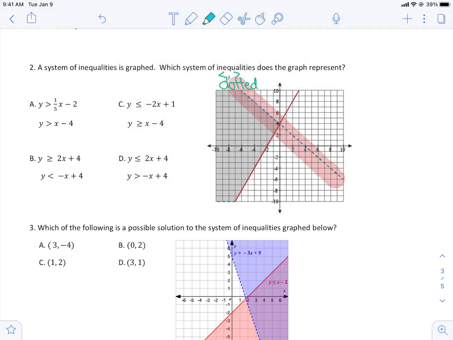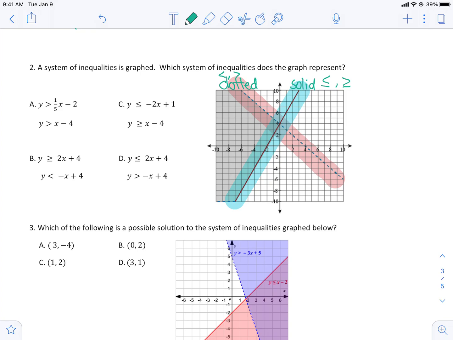If I look at the second line, this one right here, that is a solid line, which means I need a less than or equal to or a greater than or equal to. So that means that I need to have 2 different inequalities.